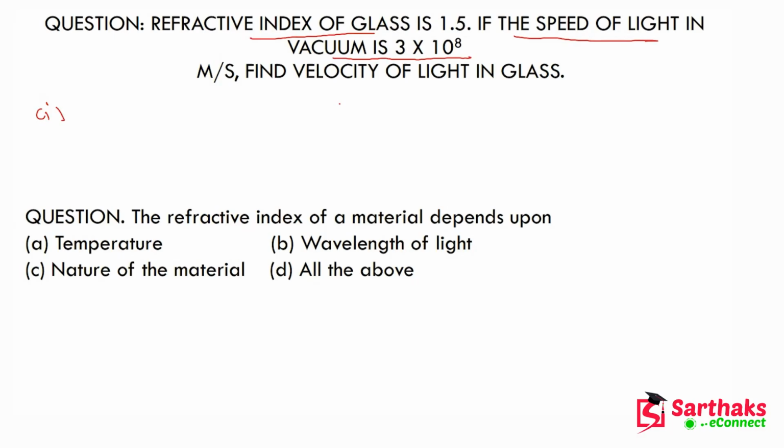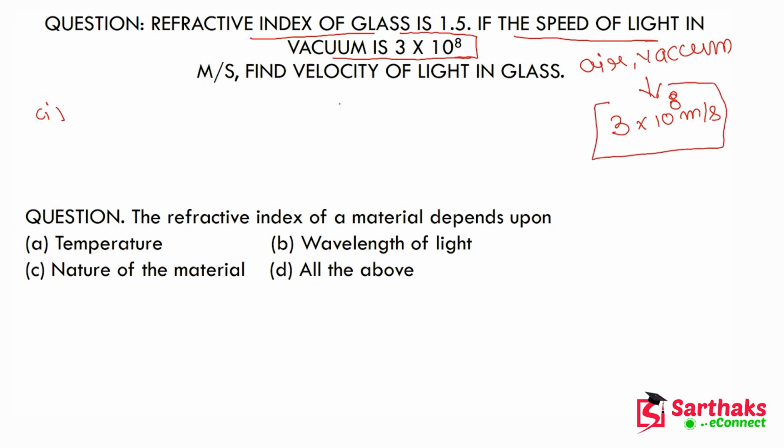You have to remember that the speed of light in air as well as vacuum is always 3 multiplied by 10 to the power 8 meter per second. Whether this data is given or not, you have to assume the velocity of light in air and vacuum is 3 into 10 to the power 8 meter per second.